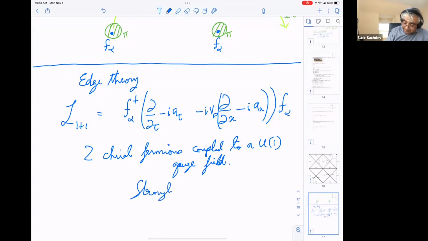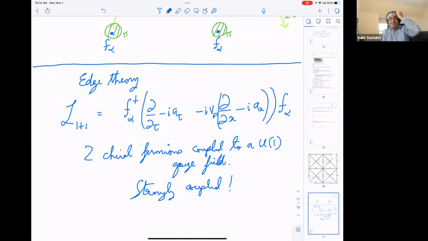It's strongly coupled. I mean, the bulk theory was not free fermions, but apart from the change in statistics, it became a theory of free semions almost. But the edge theory now is a highly non-trivial theory. The gauge fluctuations are extremely strong. And in fact, they have a strong effect on the actual structure of the edge excitations. So the edge excitations are not a theory of just two free chiral fermions.